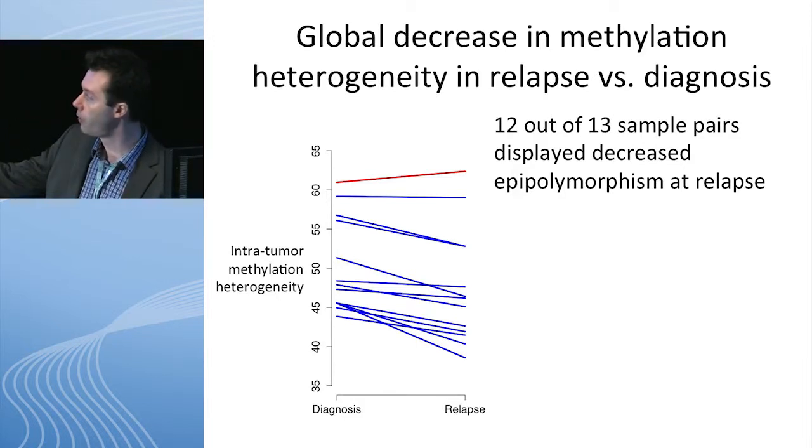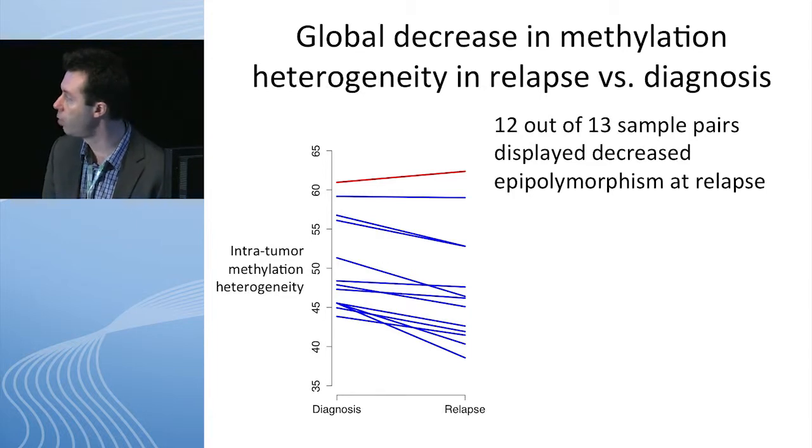We see an almost systematic decrease in methylation heterogeneity. It's consistent again with the clonal structure of these tumors, where there's one cell at diagnosis that's picked up and likely gives rise to relapse, and therefore there's a decrease in heterogeneity.